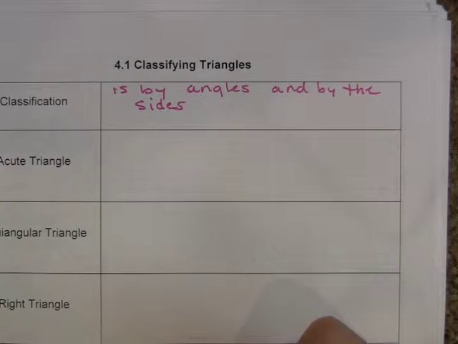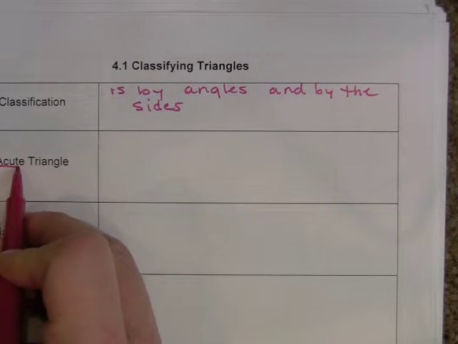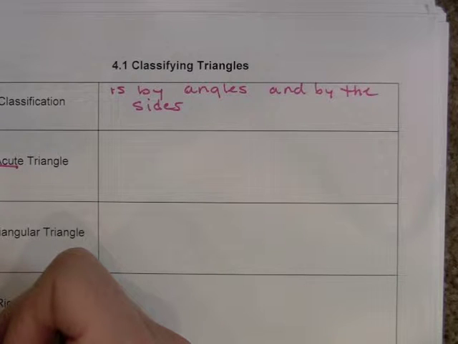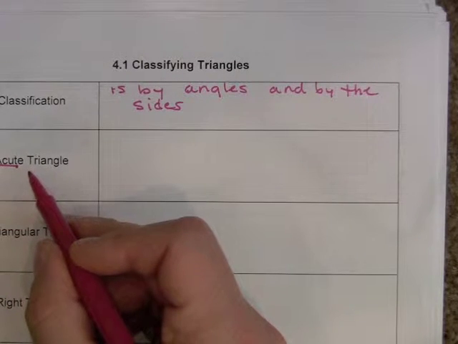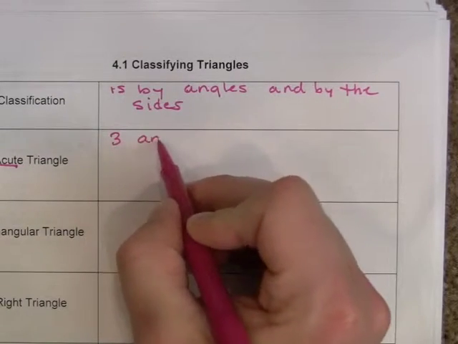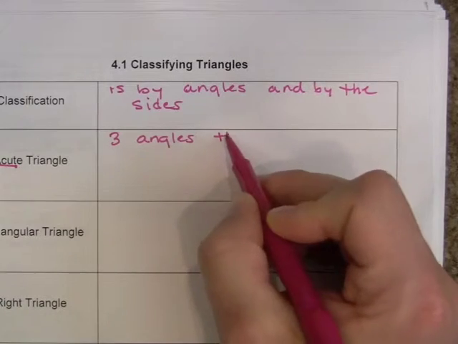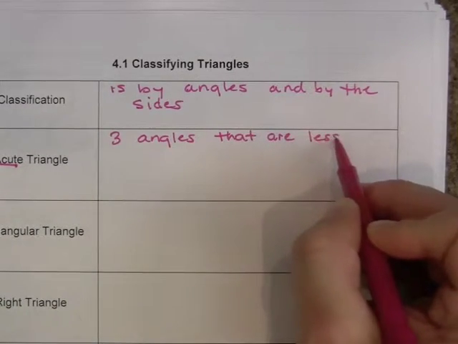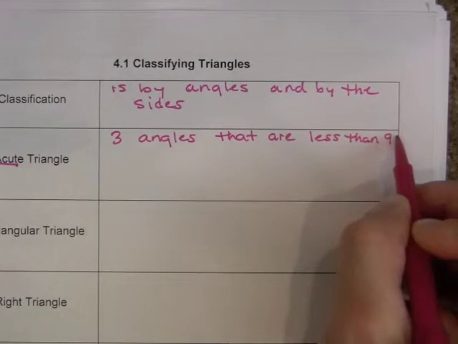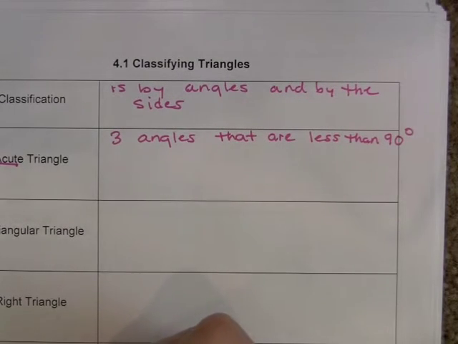So the first classification is an acute triangle. Now the word acute is an angle that measures less than 90. So an acute triangle will be a triangle that has three angles that are less than 90.